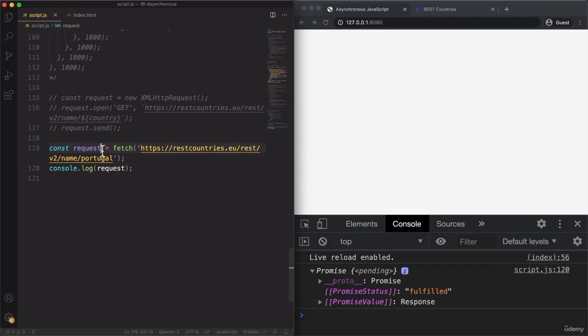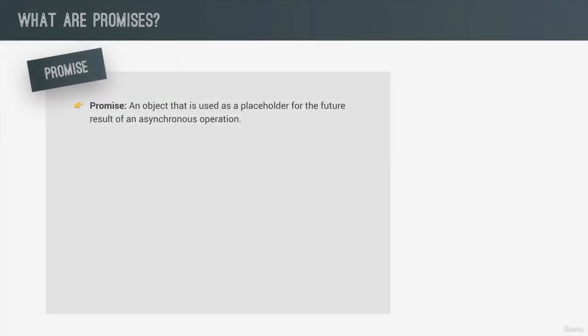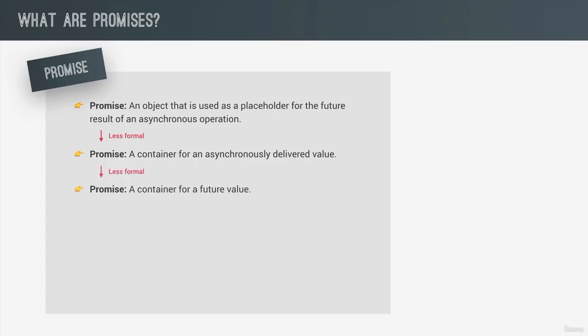Well, let's find out. So the formal definition of a promise is that it's an object that is used basically as a placeholder for the future result of an asynchronous operation. And if that sounds weird to you, we can also say that a promise is like a container for an asynchronously delivered value. Or even less formal, let's say that a promise is a container for a future value.